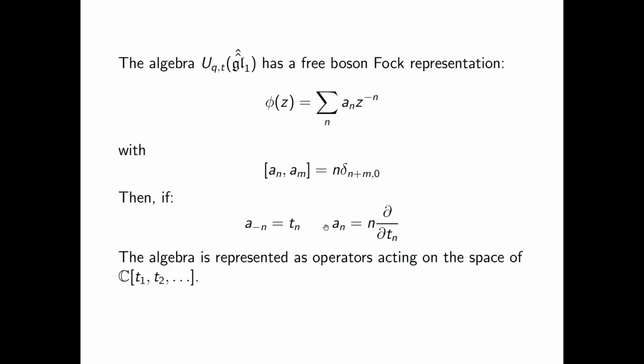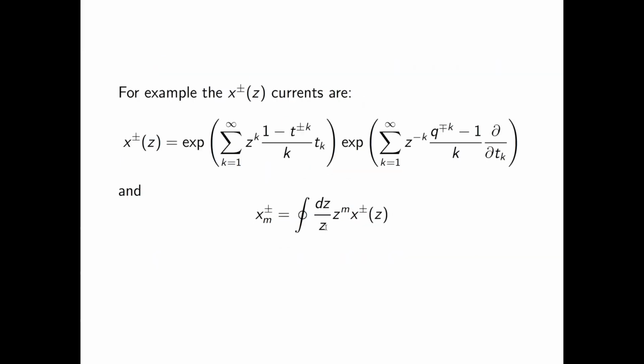This algebra has many more representations, less complicated and more complicated. But here, this one is important. In this representation, for example, these currents x plus-minus of z, which generate this algebra, can be represented as vertex operators. There's a negative part and a positive part.